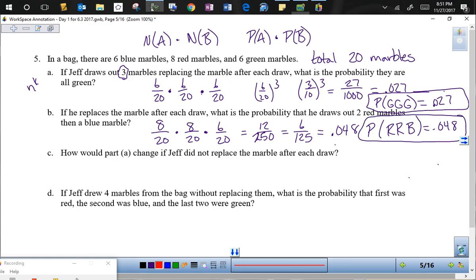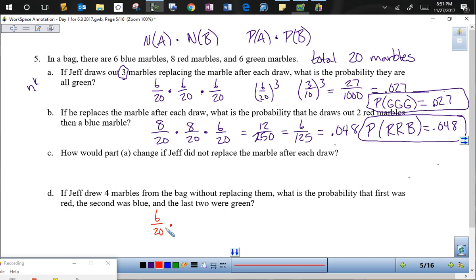So let's talk about part C. It says, how would part A change if Jeff did not replace the marble after each draw? The first draw is not going to be affected here. We're still looking for 3 green, and the probability of the first marble being green is still 6 out of 20. But for the next one, some things have happened.